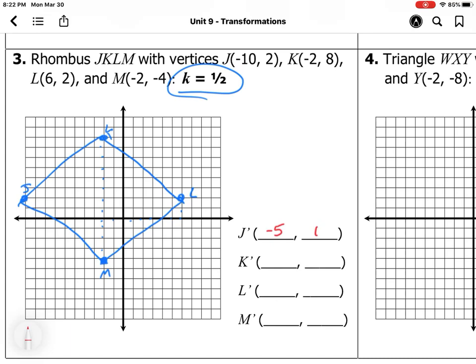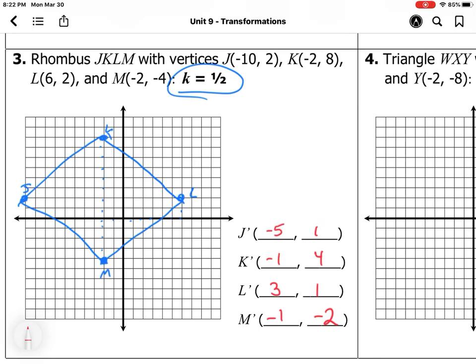Negative 2 divided by 2 is negative 1. 8 divided by 2 is 4. 6 divided by 2 is 3. 2 divided by 2 is 1. Negative 2 divided by 2 is negative 1. And negative 4 divided by 2 is negative 2. Right? So the easiest way to do it, just divide by 2.